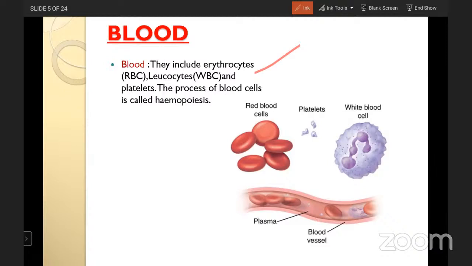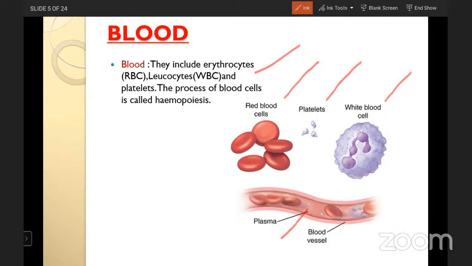The process of formation of blood cells is called hemopoiesis. So here we are able to see the red blood cells and platelets and white blood cells. So all these are the cells which are present in the plasma fluid. Okay. So this is about the composition of the blood.